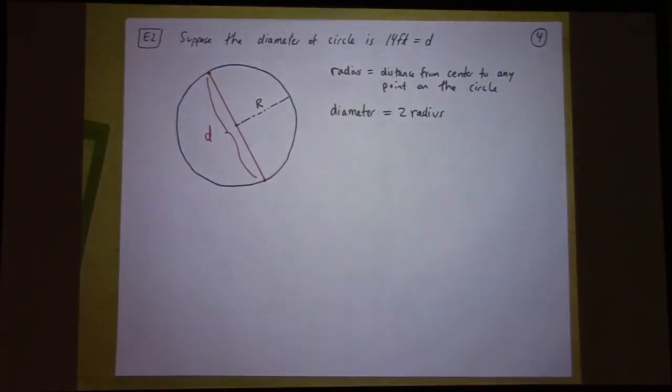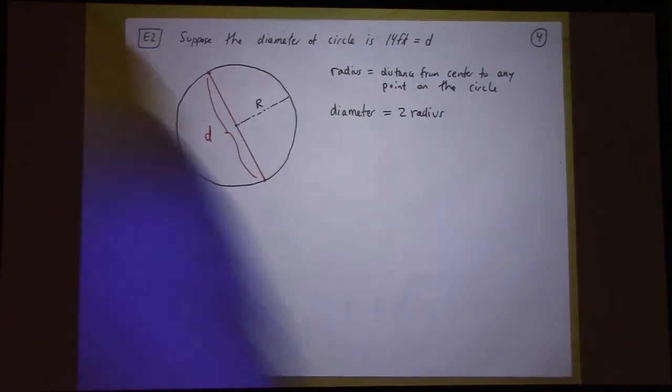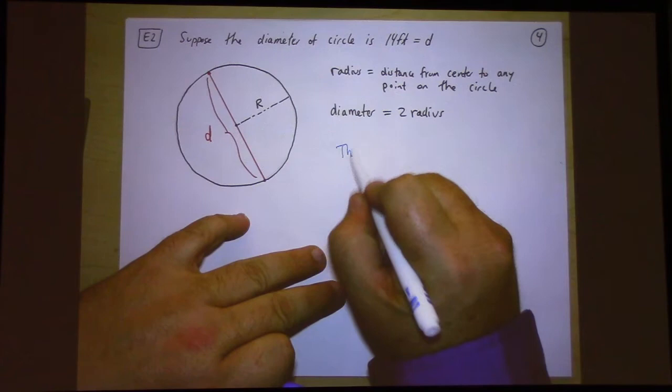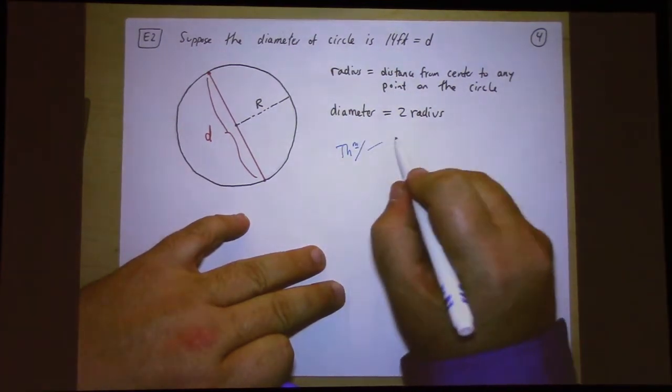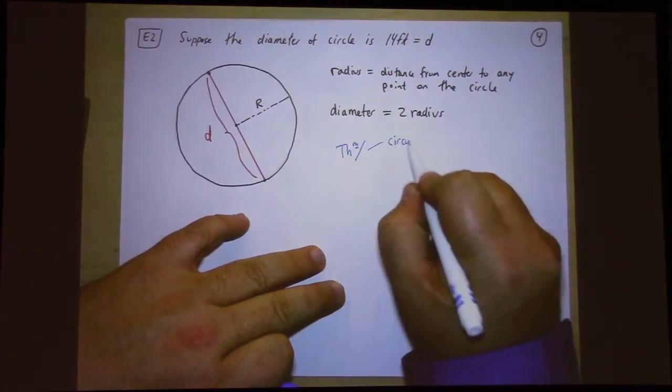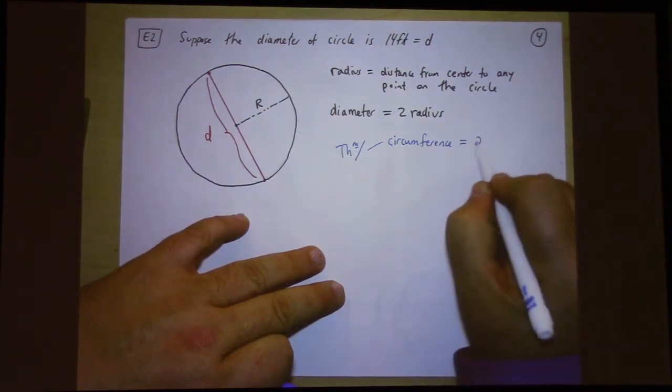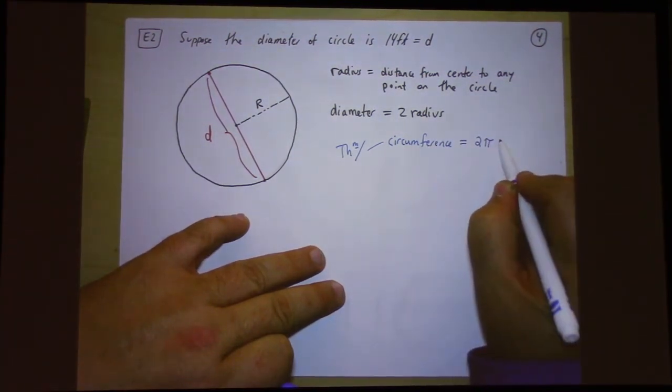Okay, so theorem. There are two theorems we should know about for a circle. One is that the circumference is equal to 2 times pi times the radius. All right?